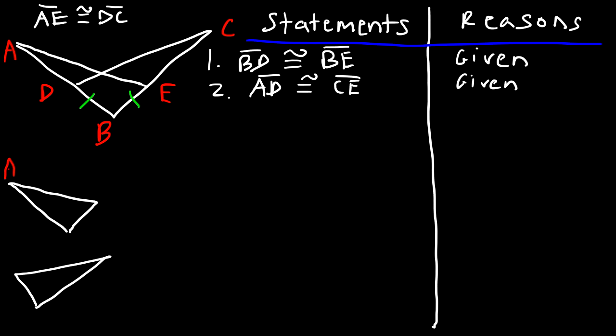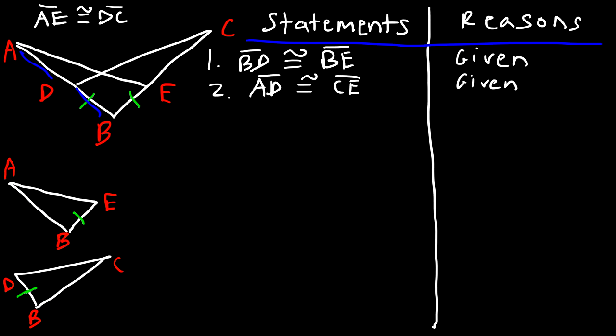So this is triangle ABE, and we need to prove that it's the same as BDC. Now we know that BE is congruent to BD, so that's the first part, that's finished. And in the second sentence, we know that AD is congruent to CE. So if we can add these two segments and combine them, then we can show that this side, AB, is congruent to BC.